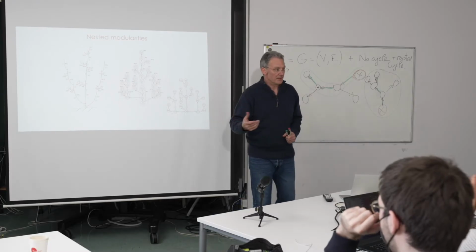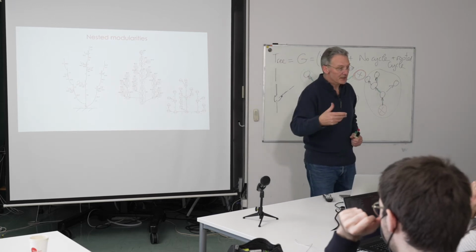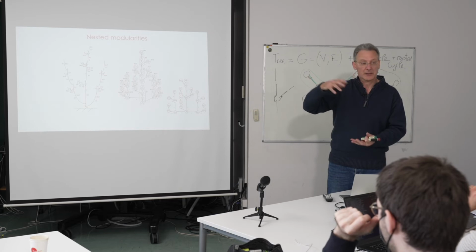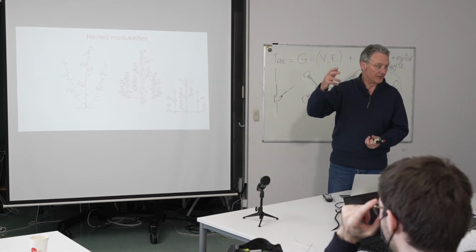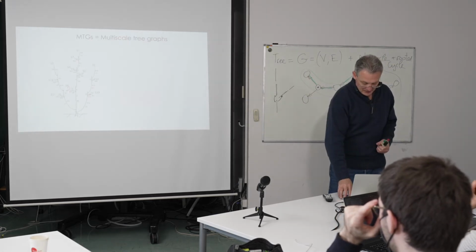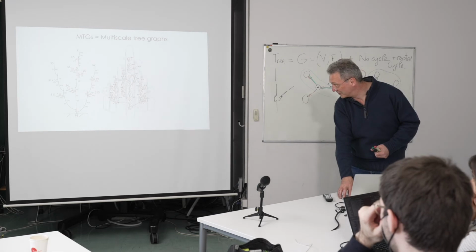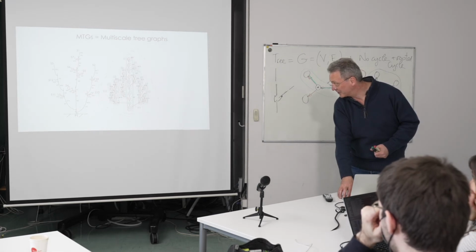By using this type of nesting formalism, you can describe trees at different levels, like nested dolls. Okay, so this is one modularity. You can even add another modularity and even another modularity.